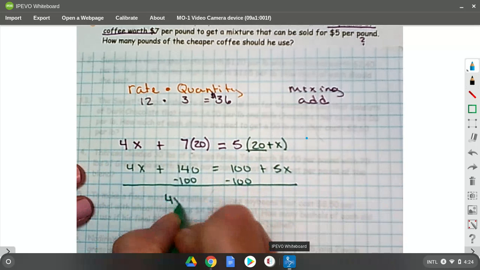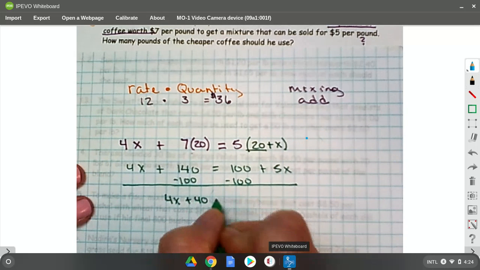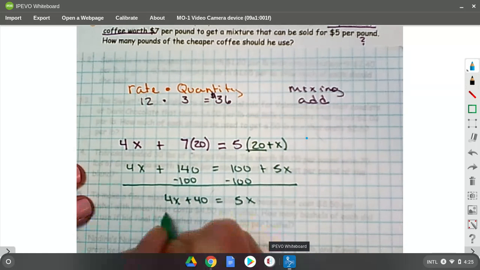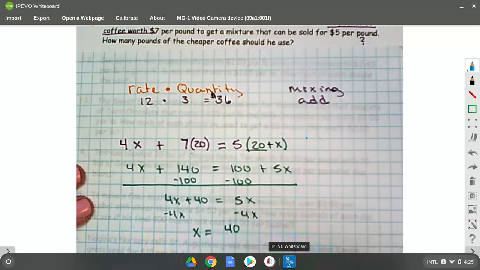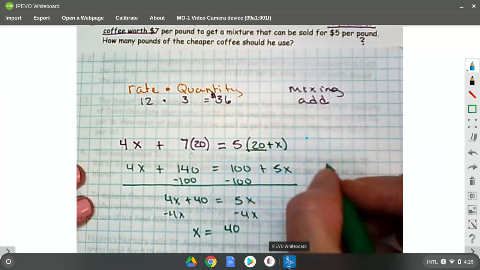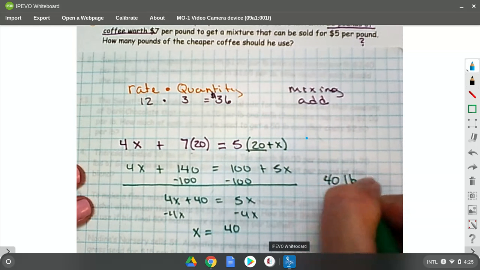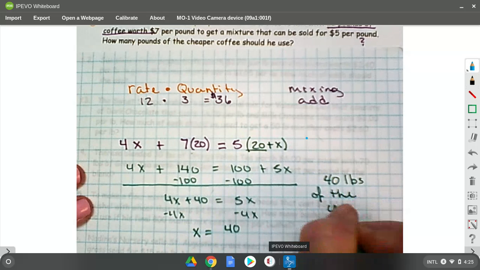And I have 4X plus 40 equals 5X. And I'm going to subtract that 4X from both sides, and I've got X is equal to 40. So I have to do 40 pounds of the $4 coffee.